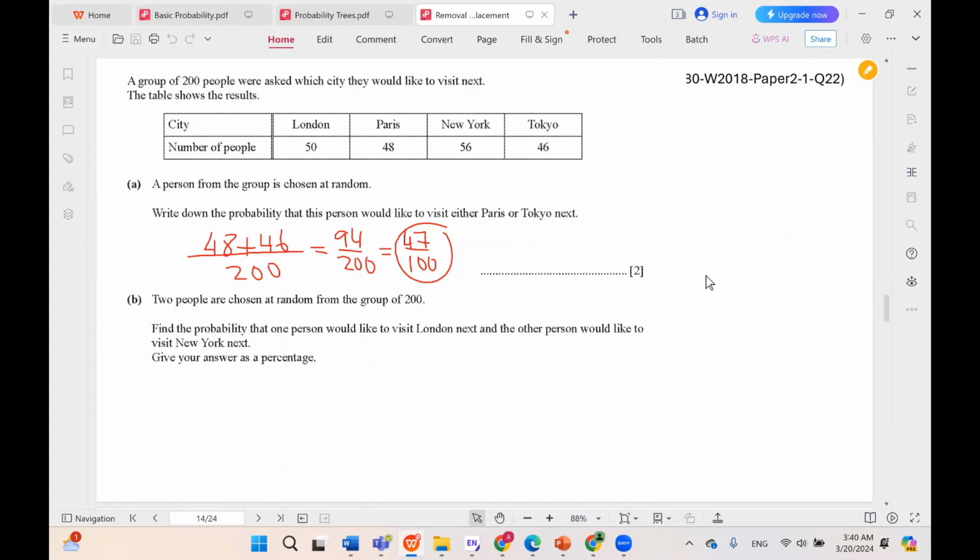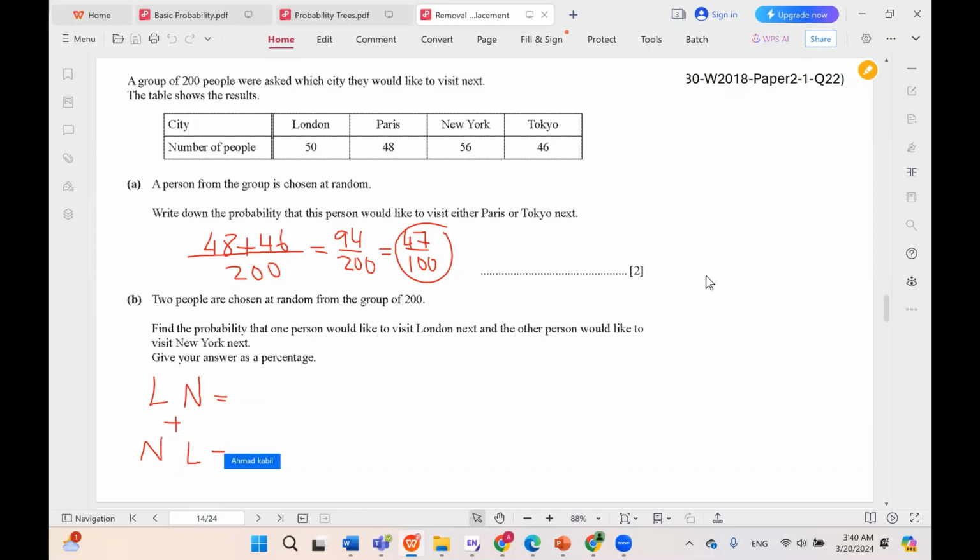In B, we are told two people are chosen at random from the group of 200. Find the probability that one person would like to visit London and the other person would like to visit New York, and give your answer as a percentage. So we can either get London followed by New York, or New York followed by London.